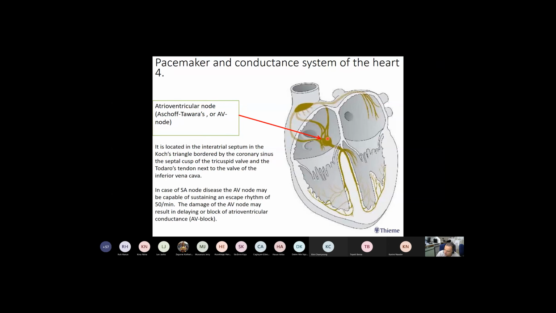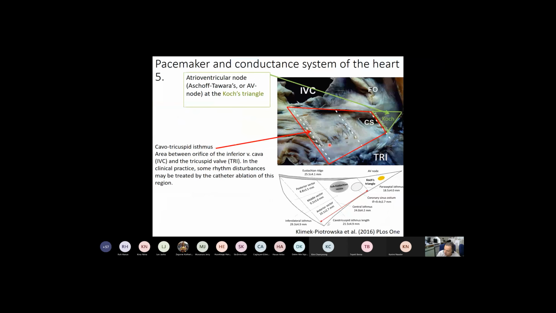And this node is able to generate a frequency of 50 per minute. So if the SA node is sick, the AV node may take over its function, but it is not able to keep the normal heart rate. Its position is in the Koch's triangle.